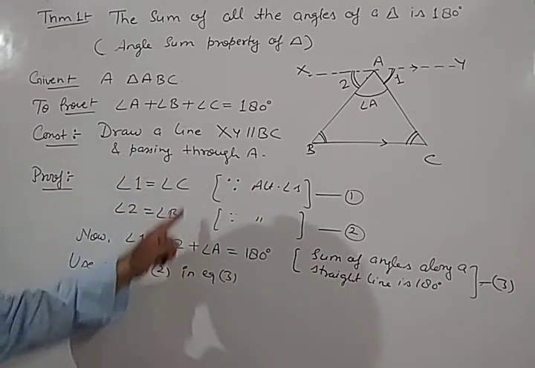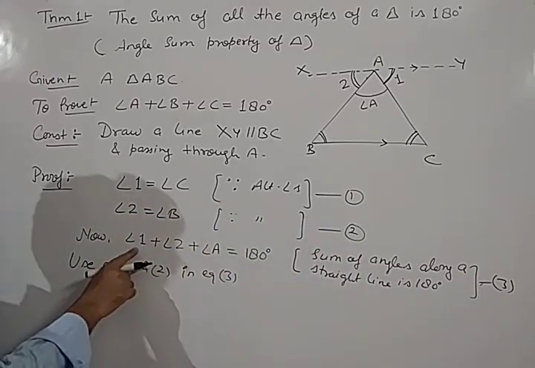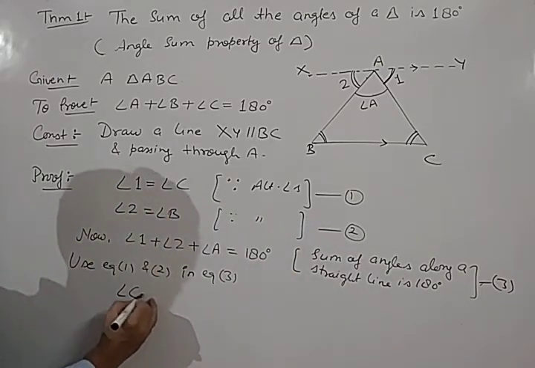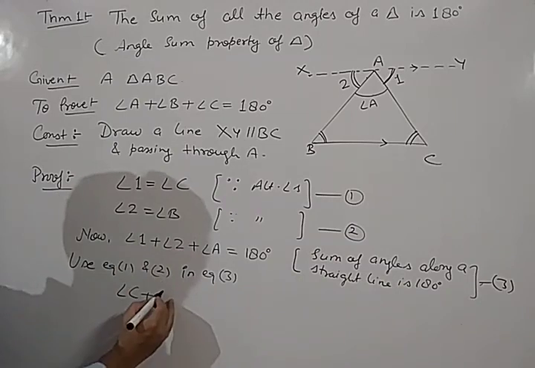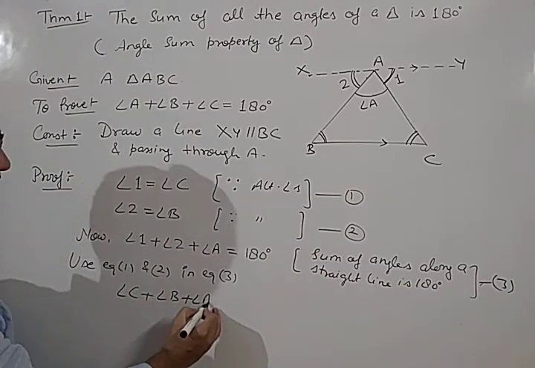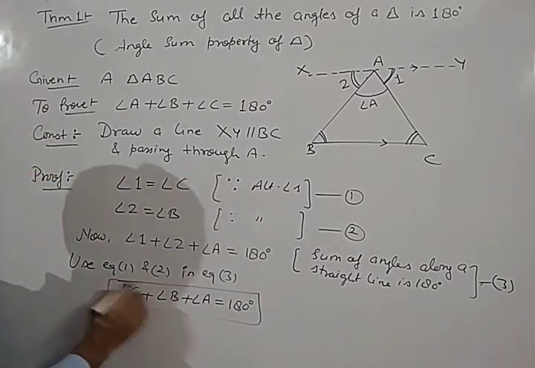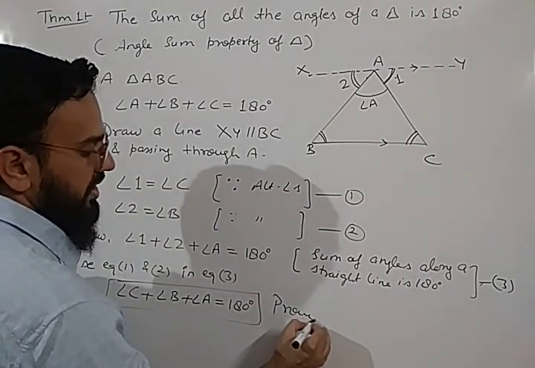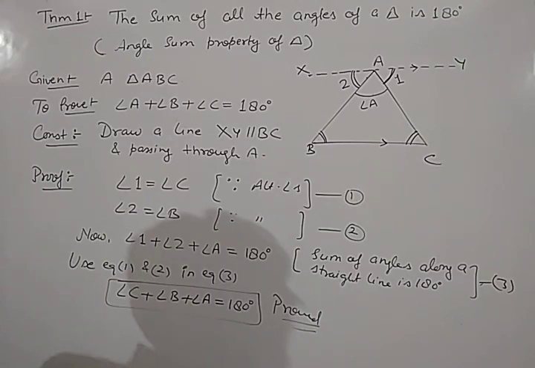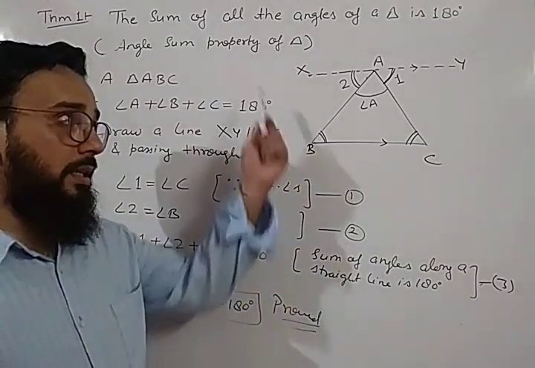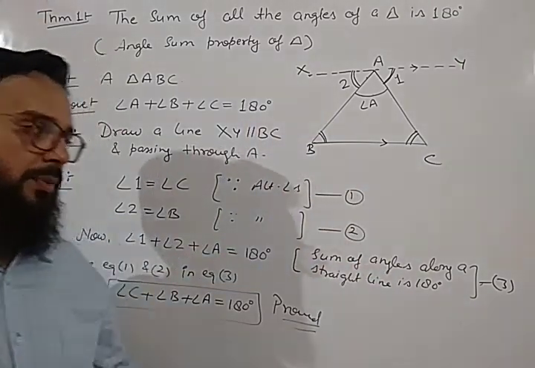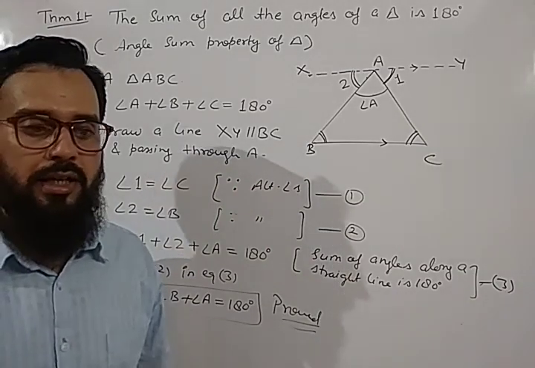At the place of angle 1 we will write angle C, at the place of angle 2 we will write angle B, plus angle A is equal to 180 degree, and this is the theorem which we have to prove. So we have proved this statement. This is the angle sum property of the triangle. This is the proving of this particular theorem. Note it down.